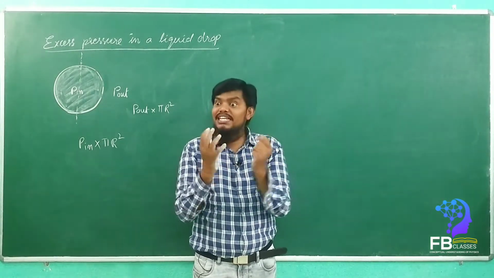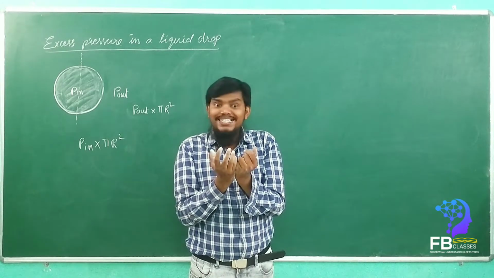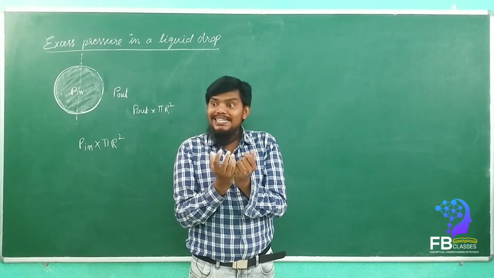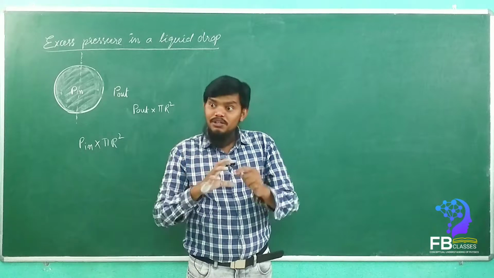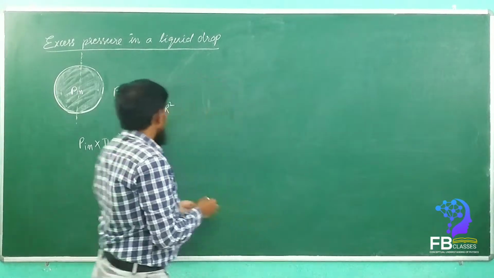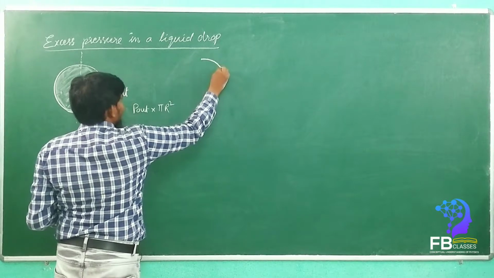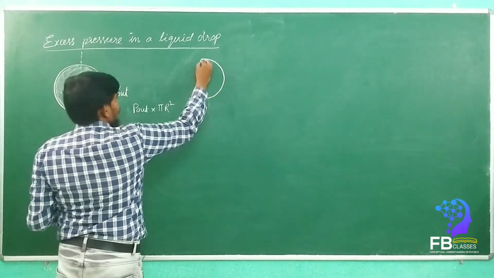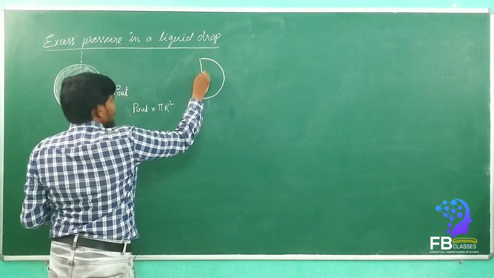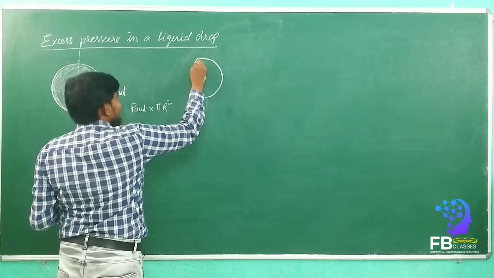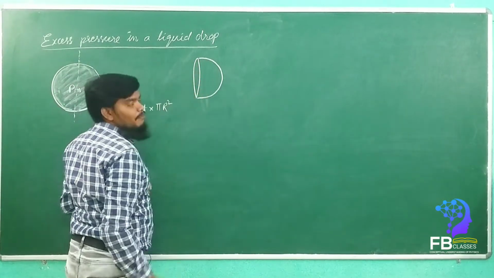The surface force of the liquid will also be there, that is tension into its length. Yes or no? That force will also act. So see here, if you cut this, it will come like this. If you observe carefully, why do we cut here? Because to understand the surface force.